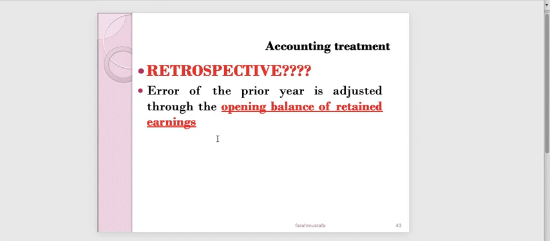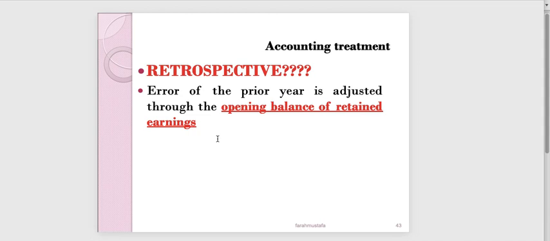So this SOPL will affect your retained earnings, and this retained earnings will be carried forward to the subsequent years. When it is a previous year error affecting an SOPL item, we cannot adjust the SOPL item in the current year.